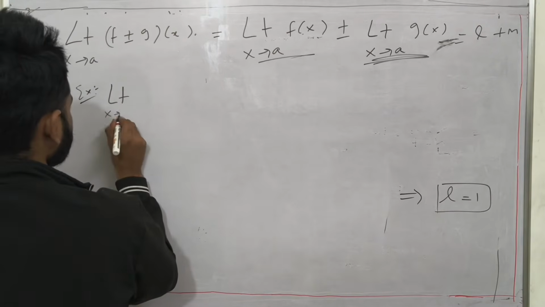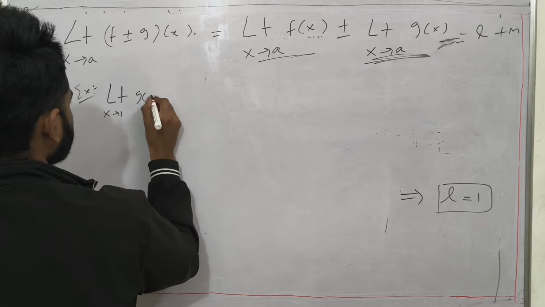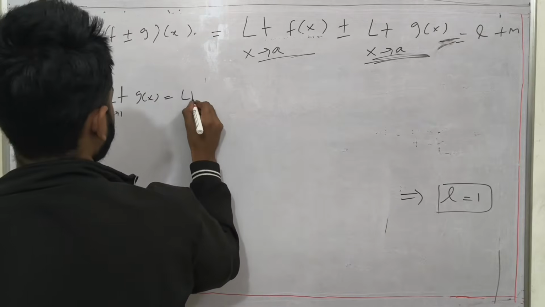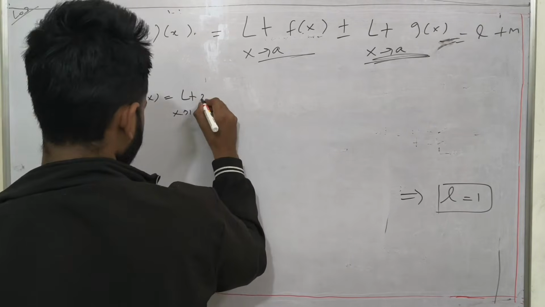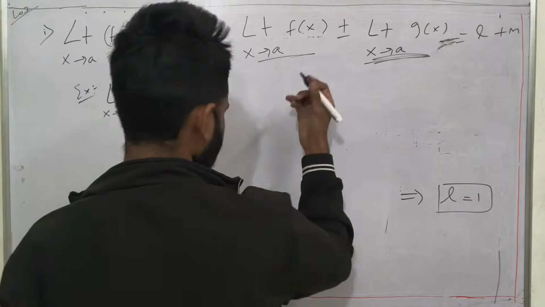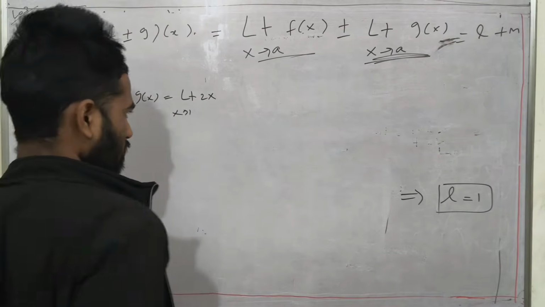Limit x tends to 1 of g(x) equals limit x tends to 1 of 2x, and let's find the left hand limit.